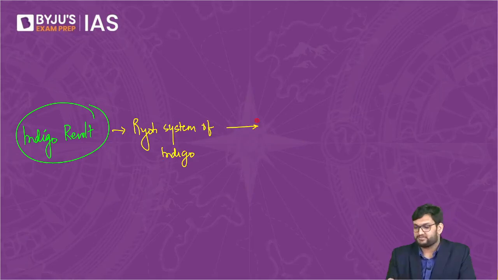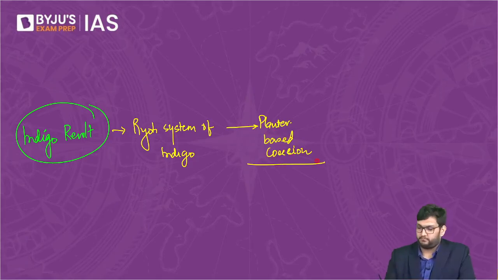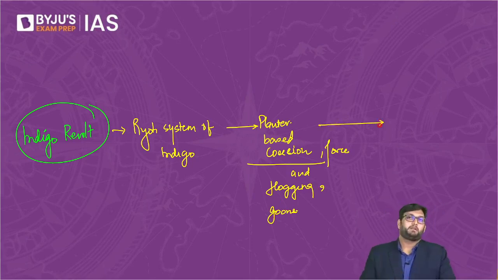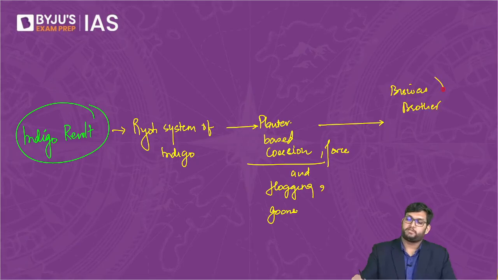Thereafter, the issue is planter and planter-based coercion, force, and very simply, the flogging and the goons, and very simply, you have the Biswas brothers who are going to be the leaders.